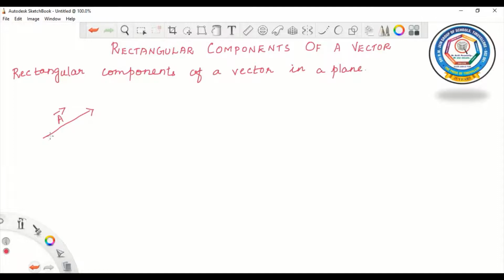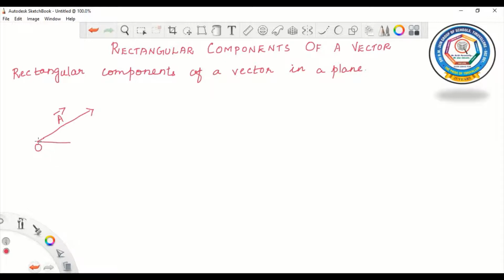We are going to resolve this vector A along x-axis and y-axis. So this will be our vector. Now let us consider the initial point of this vector A, that is origin O. And we are going to draw two axes.